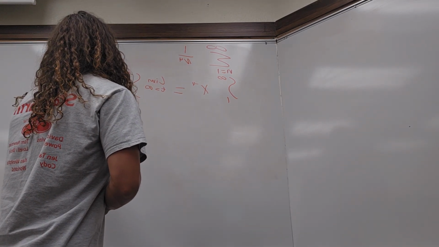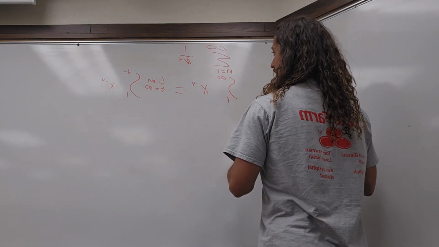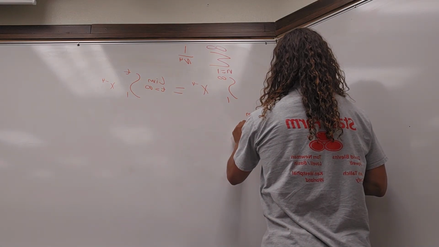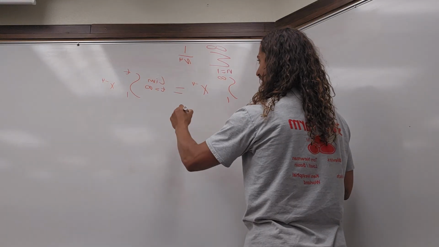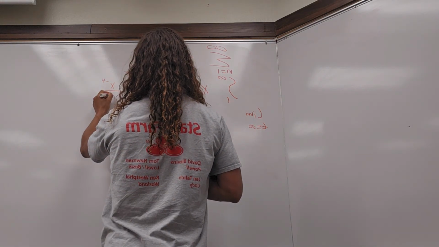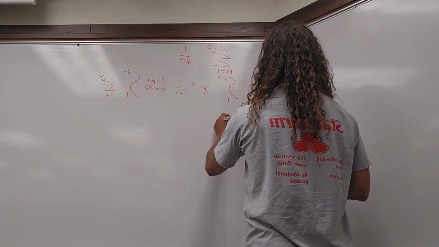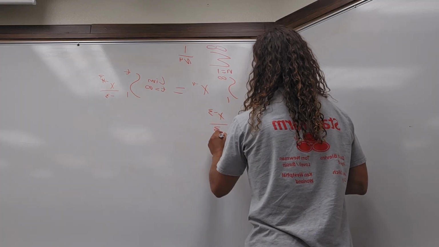So we're going to do the integral of this. So we have the limit as t approaches infinity of x to the -3 over -3.